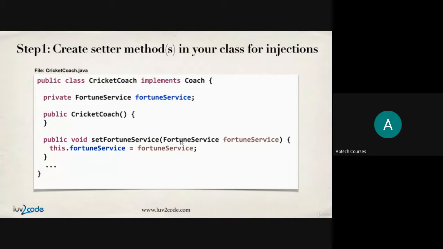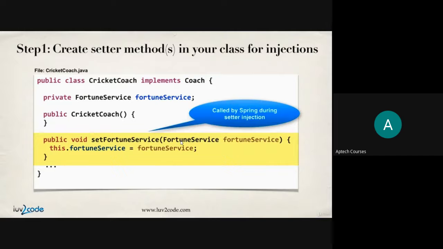We'll have this new class called Cricket Coach. We're going to explore a new sport here. Cricket Coach will have a private field, a no argument constructor, and then a setter method for set fortune service. This is the method that will be called by Spring when it injects the dependency using setter injection.